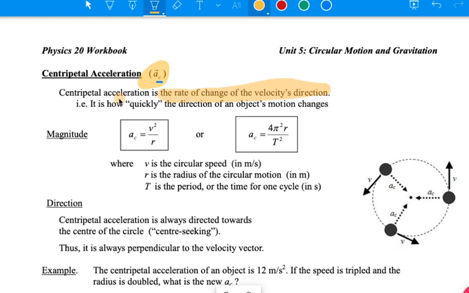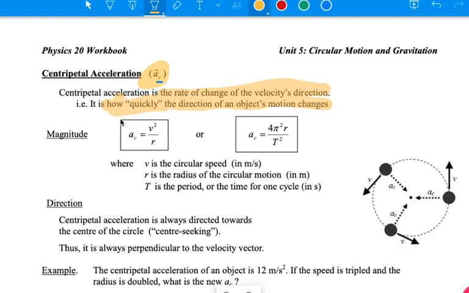So how quickly, this is a nice comprehensive definition, how quickly the direction of our object's motion changes. Right, so even though we have constant velocity, or constant speed I should say, our direction is constantly changing, giving us this centripetal acceleration.